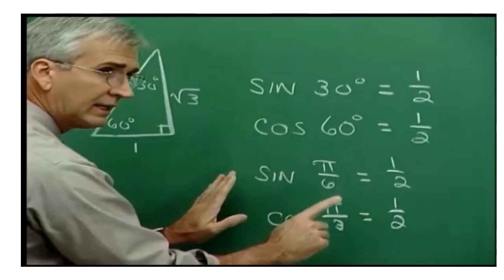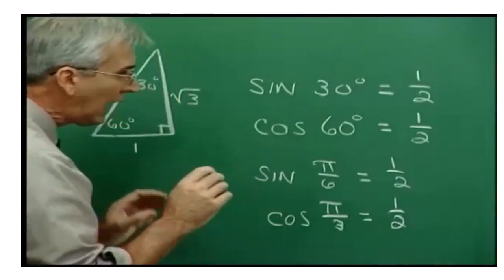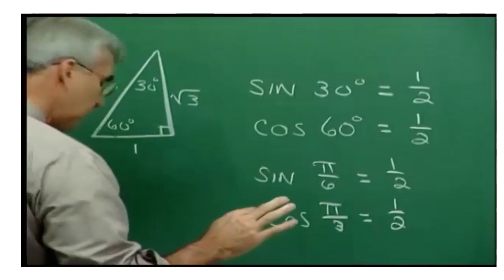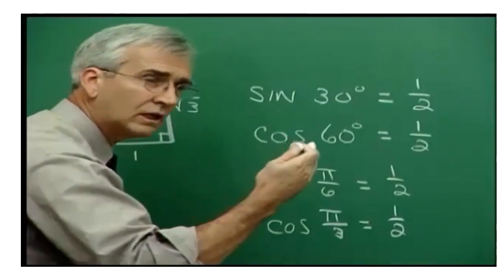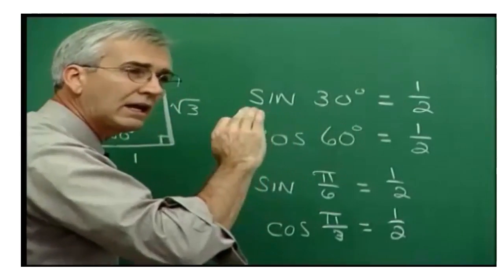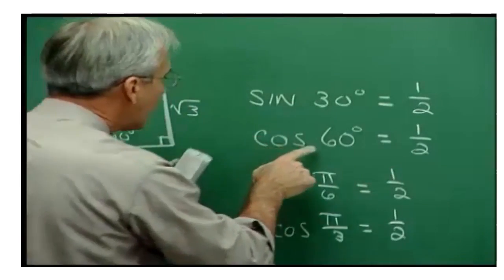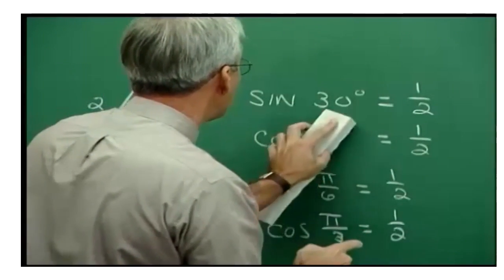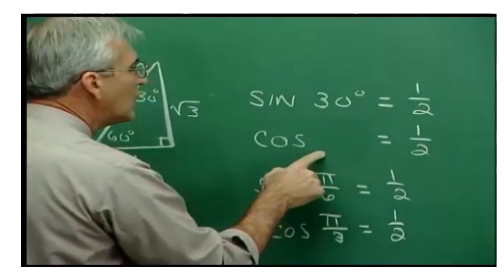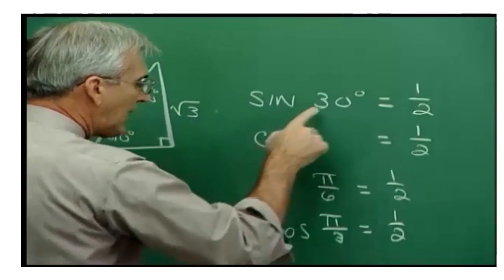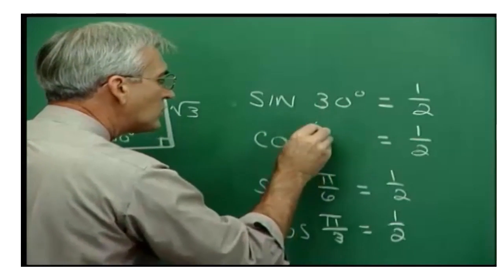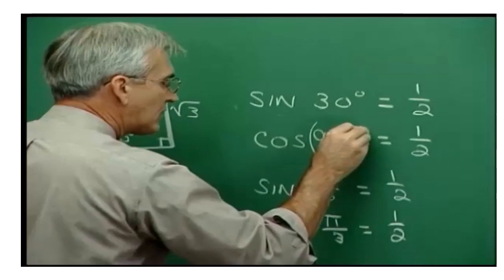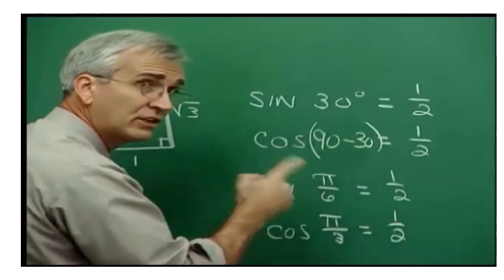So same idea. Now, think about how we generate complements. If I were going to generate the complement of this 30-degree angle, I would have the cosine of 90 minus 30, to get at that 60-degree angle.